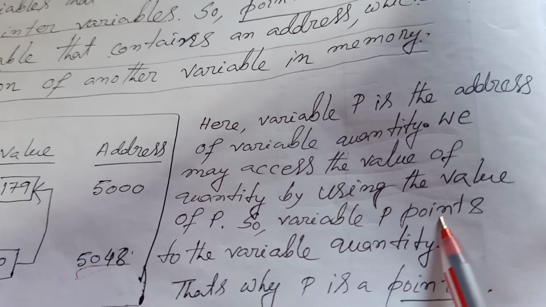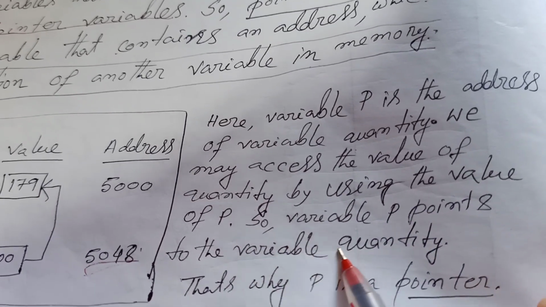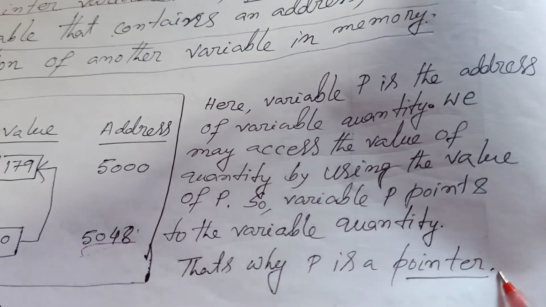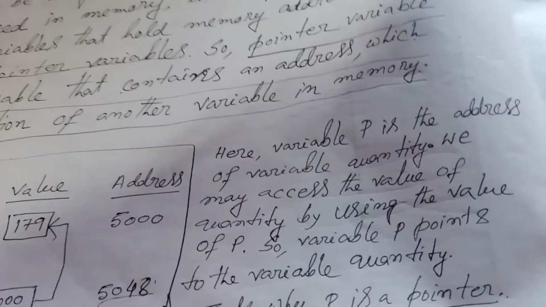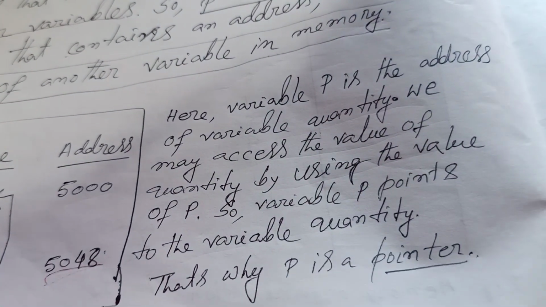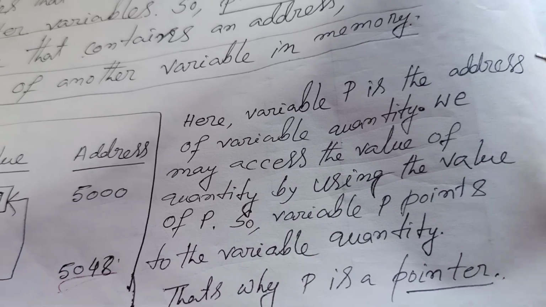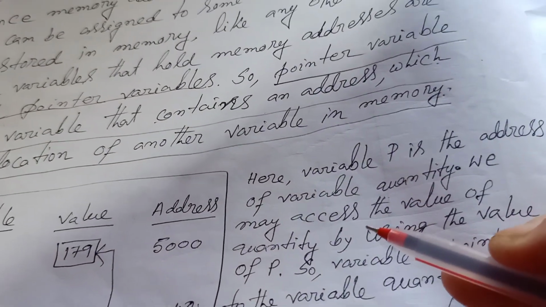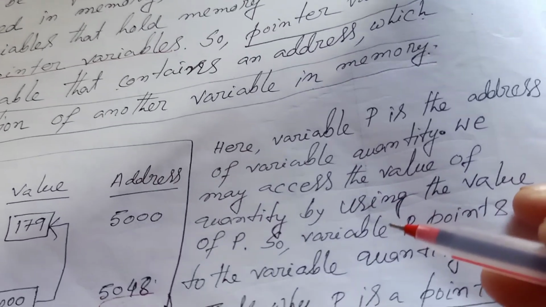So variable P points to the variable quantity. Okay. That's why P is a pointer. That means variable P contains the address value of the variable quantity.